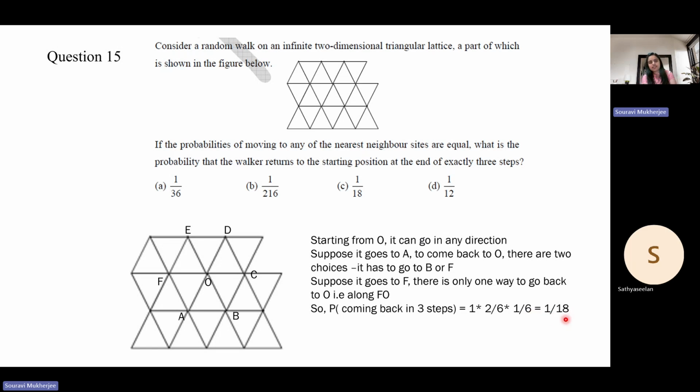That's your answer, C. So that's how you can solve this kind of question. Now it's a two-dimensional problem, and two-dimensional problems can have many tricky questions as well. I've not included much here, but you can look at standard books which go into this in more detail.